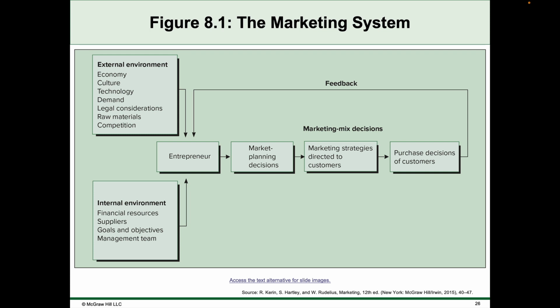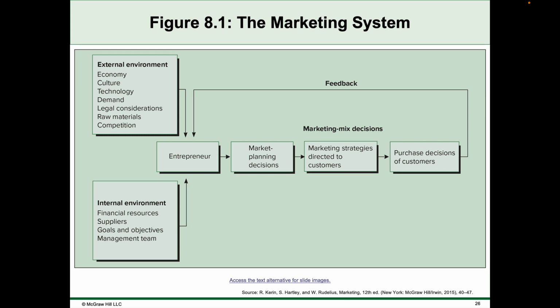And this is what we said is important for us to understand before we prepare the marketing plan. So we need to talk about the external and internal variables. External variables would include economy, the political structure, and so on. Internal variables may depend on the type of venture, but include financial resources, supplier availability, expertise of management, and company goals or objectives.